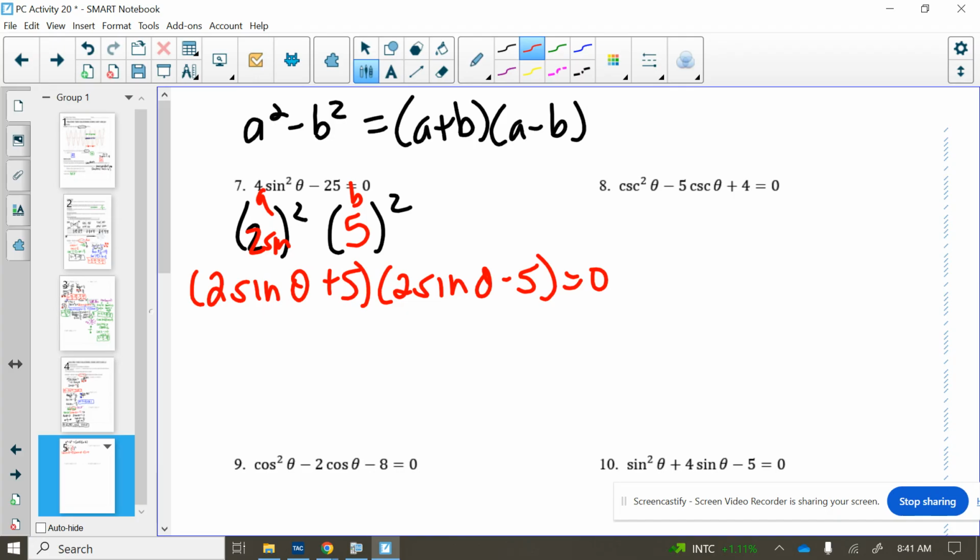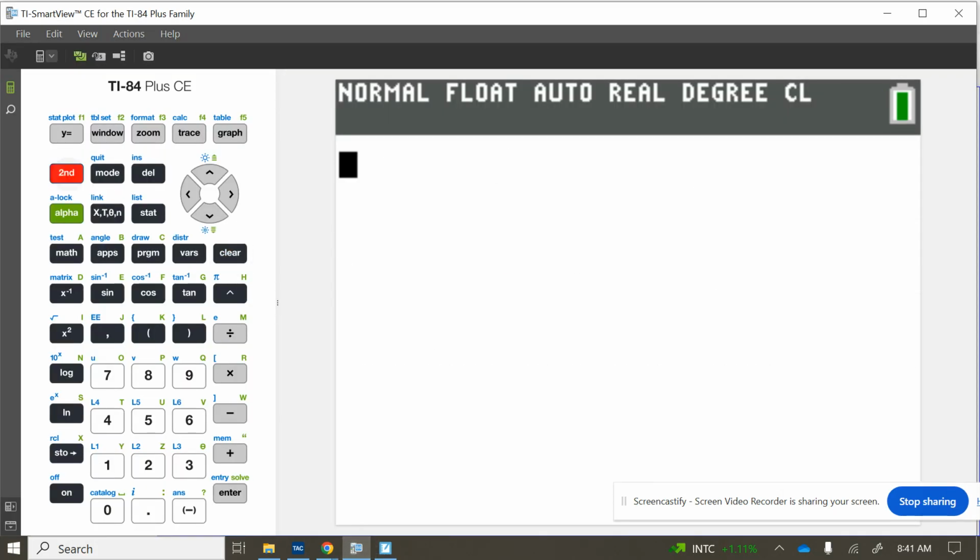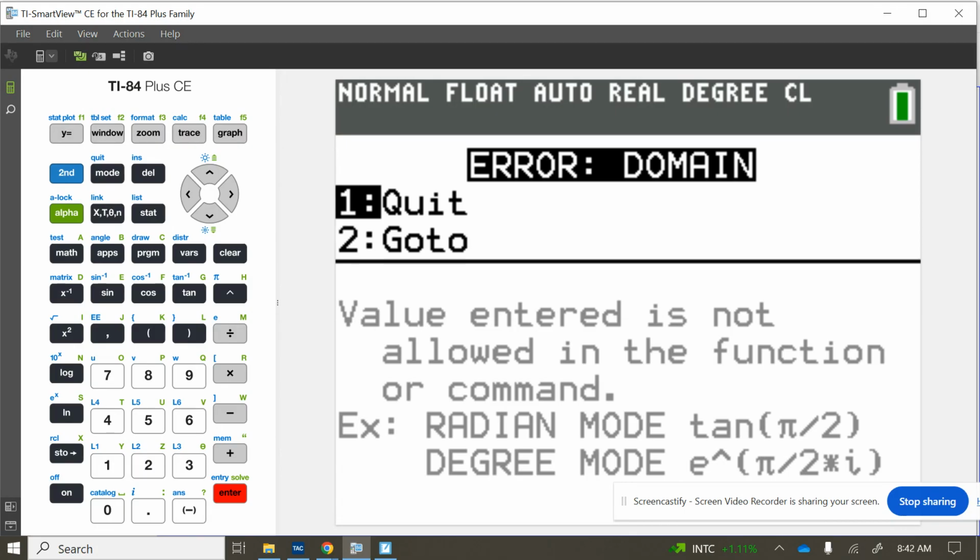And we're going to end up setting both of these pieces equal to 0. And when we subtract over the 5 and divide by 2, add over the 5, divide by 2, we get where is sine equal to positive or negative 5/2. Well, a reminder, if we try to take even the quadrant 1 value of 5/2, we know that sine cannot have an inverse that is bigger than 1 or smaller than negative 1.